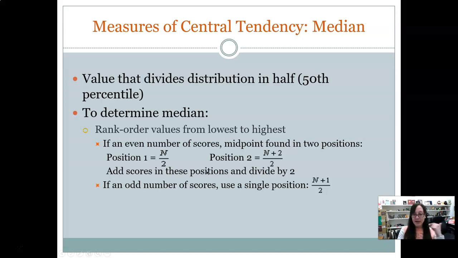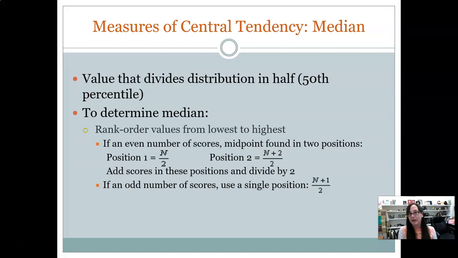With an even number of scores, your position would be between two numbers. So if, for example, you've got 6 measures, so 6 people in your sample, and you measured them on this variable, let's stick with something easy and say age, then you're going to have 3 on one side and 3 on the other side of the actual midpoint.